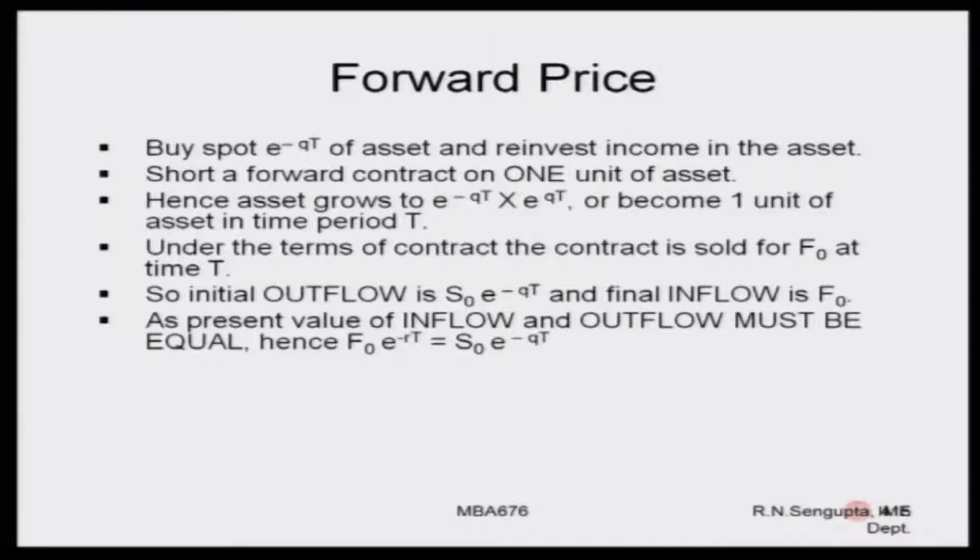At present value, S0 into e to the power minus qt has increased by the risk free interest rate, which is S0 into e to the power minus qt into e to the power plus RT. If that is exactly equal to the forward, then the forward F is equal to S0 into e to the power in the bracket R minus Q.